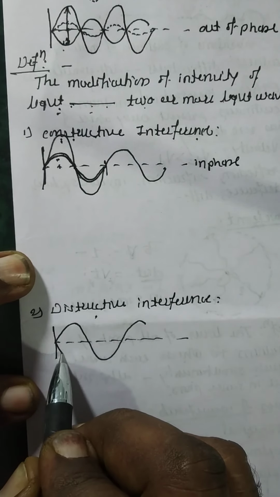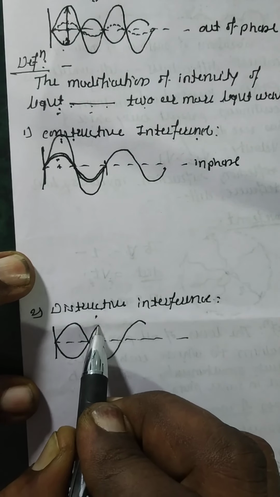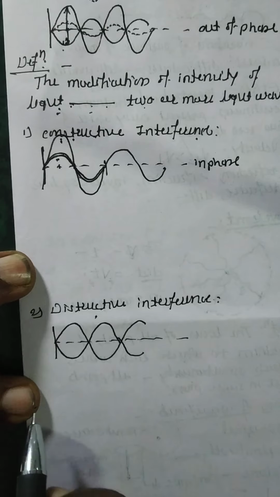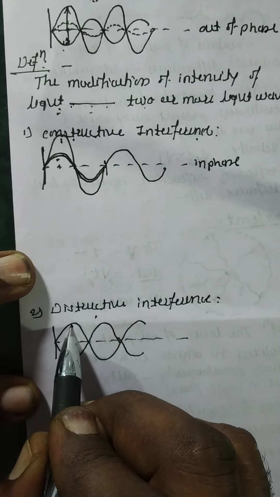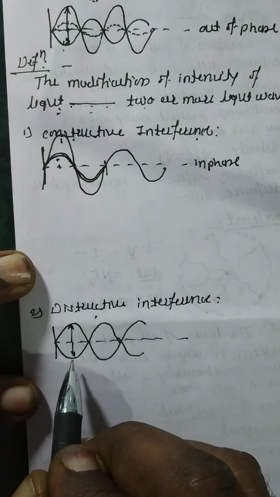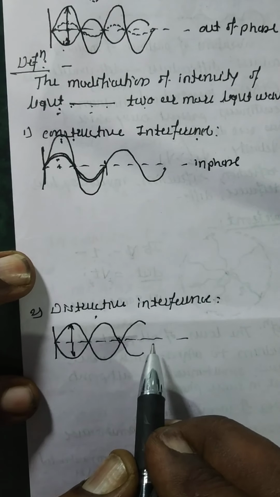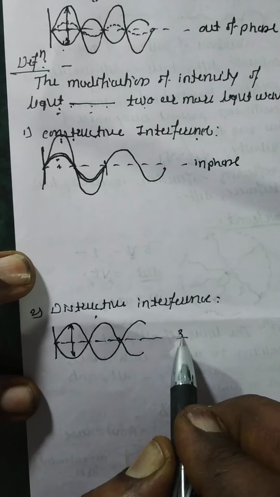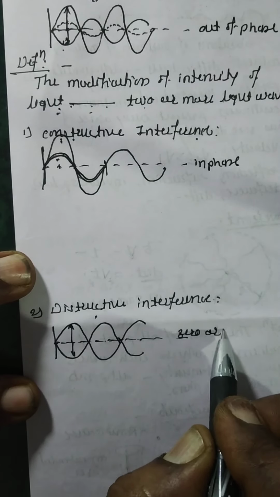This one as another wave having equal amplitude and wavelengths traverse through medium. Then resultant intensity at that point is 0 or minimum.